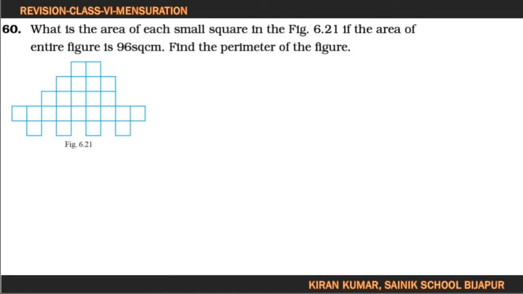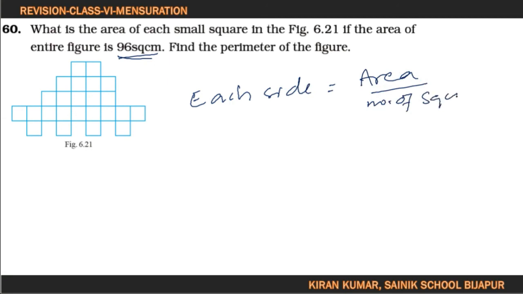Similar is the question here, question number 60, but they have given the entire area as 96 centimeters square and they have asked you to find the perimeter of the figure. To find the perimeter of the figure, you would be requiring each side. Each small square's area will be equal to total area divided by the number of squares.